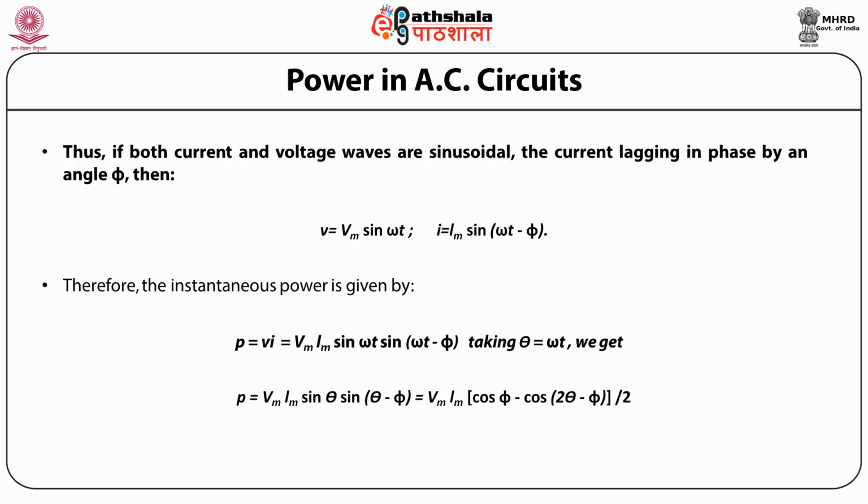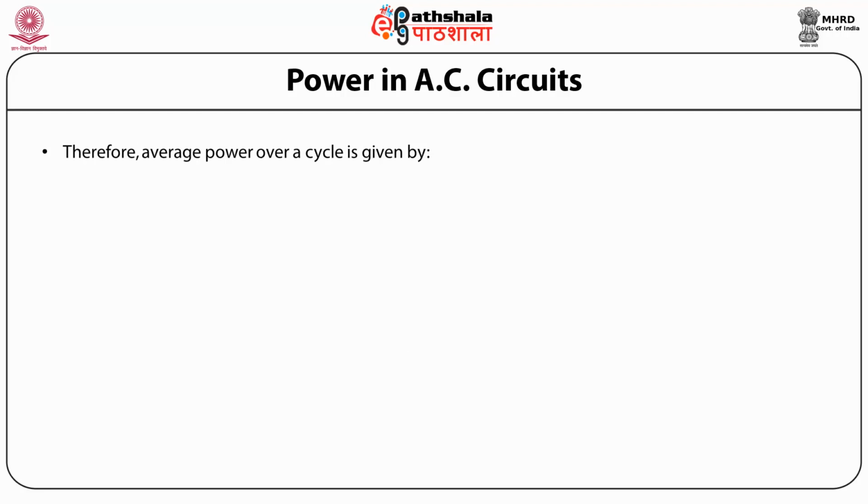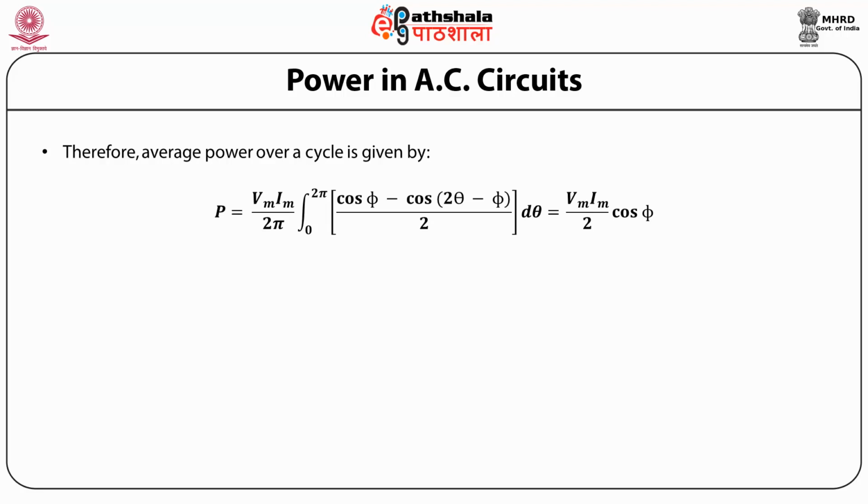which gives us the final equation as Vm Im multiplied by [cos phi minus cos(2 theta minus phi)] divided by 2. Therefore, average power over a cycle is given by P = (Vm Im / 2 pi) multiplied by the integration from 0 to 2 pi of [cos phi minus cos(2 theta minus phi)] divided by 2 d theta.